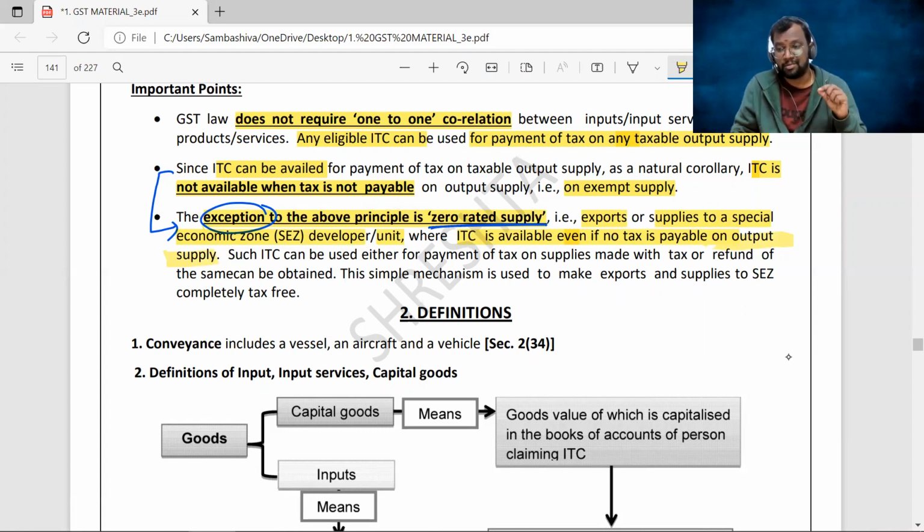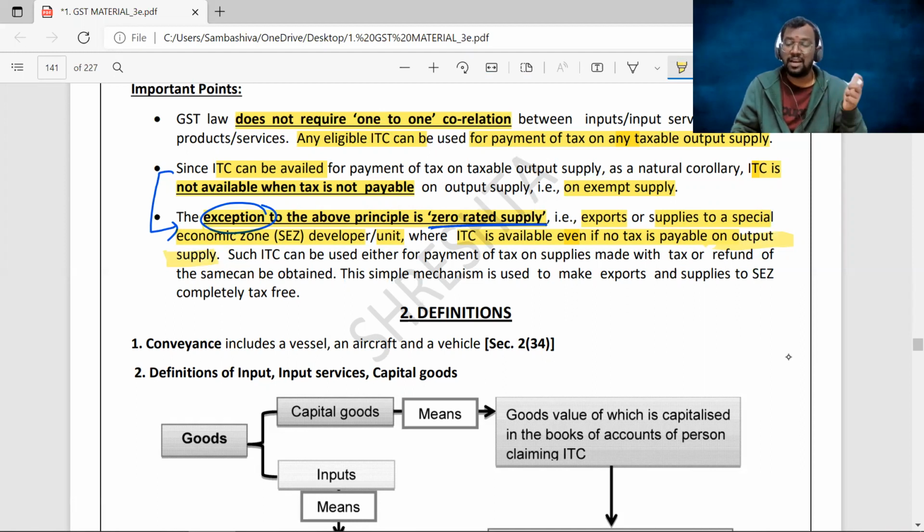Nil rated goods are different, zero rated goods are different. Nil rated goods are exempted goods, ITC not allowed. But zero rated goods are taxable supplies, taxable at 0%. Input tax credit is allowed.